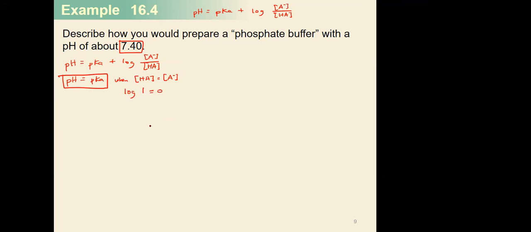If we look at the buffer systems in Table 15.5, there's one system there, the phosphate system. It goes to this one, and then to this one. In each of them, you have a particular Ka.